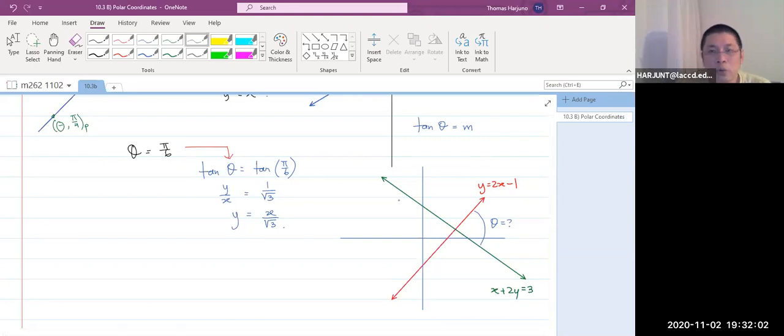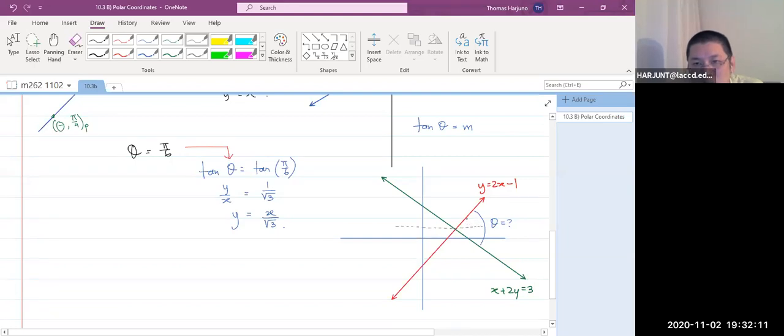Now what you can do is you find the angle through the positive x-axis for the red line, right? Call this theta 1. And the angle from the positive x-axis, you will see this is a negative angle. This is theta 2.